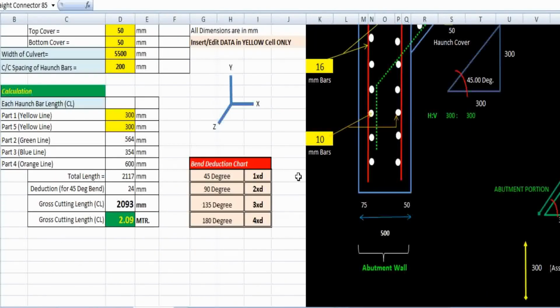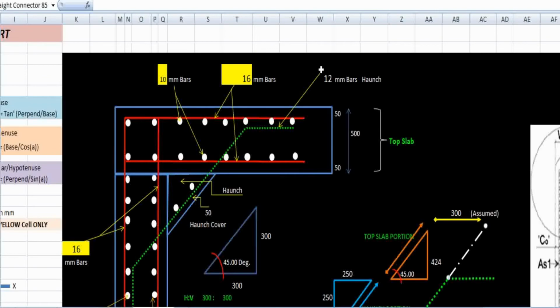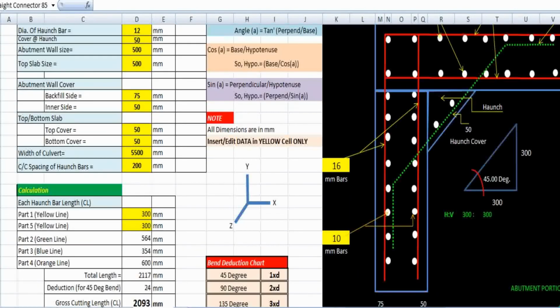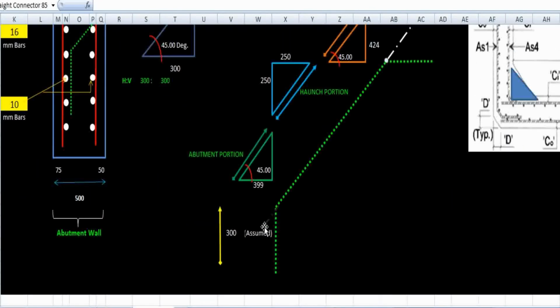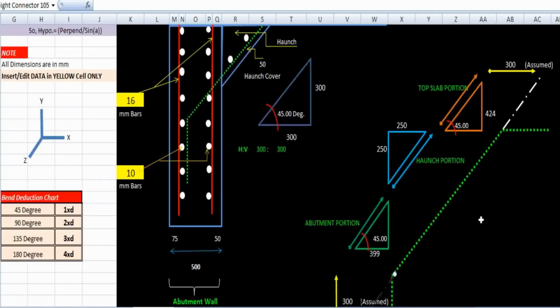So for a 45 degree bend angle, we have to deduct the value of 1d, 1 times d, where d is the diameter of the bar. So here the diameter of the haunch bar is 12 mm, so 1 times 12 mm for each bend. And here we also have a bend here. So here 2 bends are there, so we have to deduct for 2 bends.